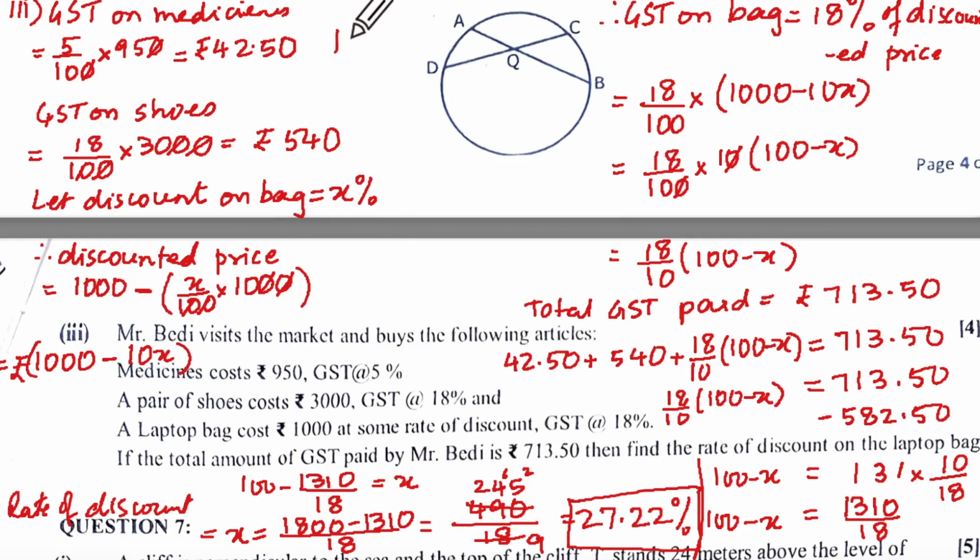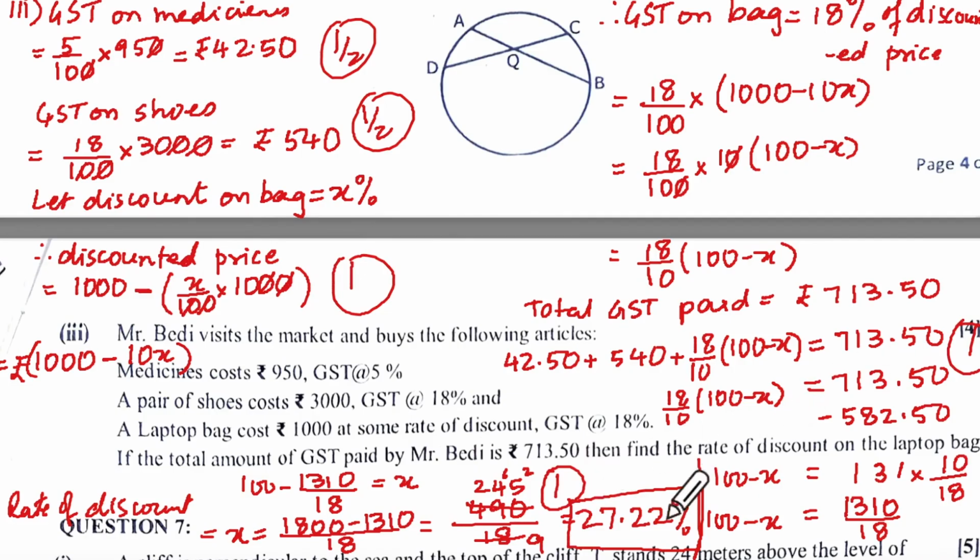Okay. So each one of these will be like half of mark. This is 1 mark. This will be 1 mark. Then this will be 1 mark and all this calculation will be 1 mark. It's a 4 mark question, right? I think I could give you half here and for this also half.